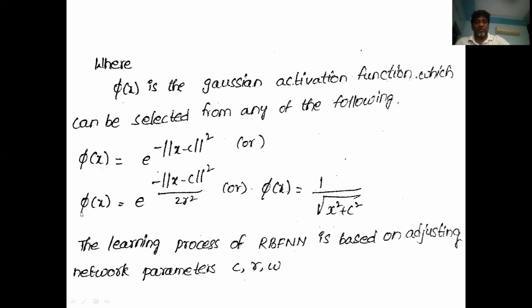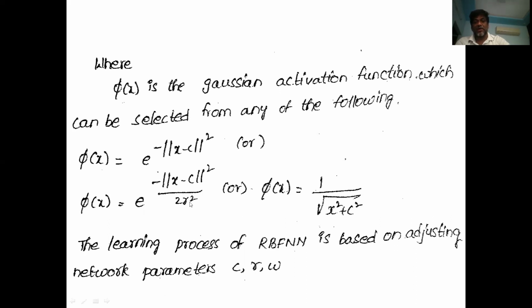The second option is phi of x equals e power minus norm x minus c whole square by 2 into r square, where r is the unit width of the corresponding RBF network. We will see later in this algorithm how this r is calculated and how the center will be selected.